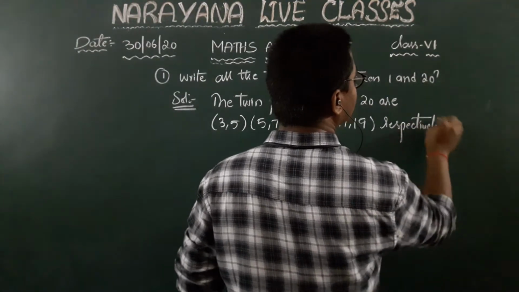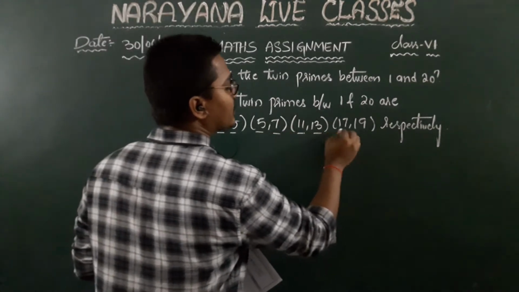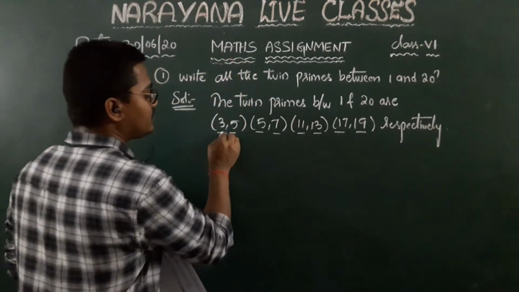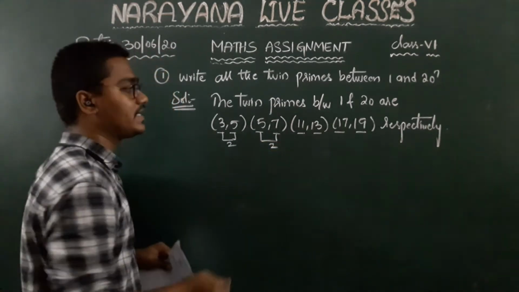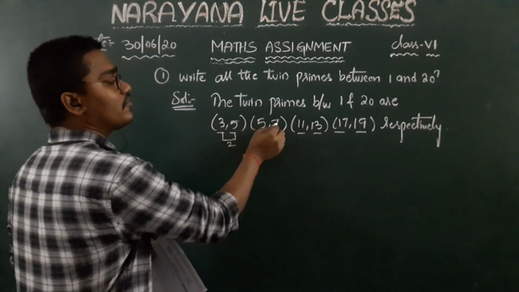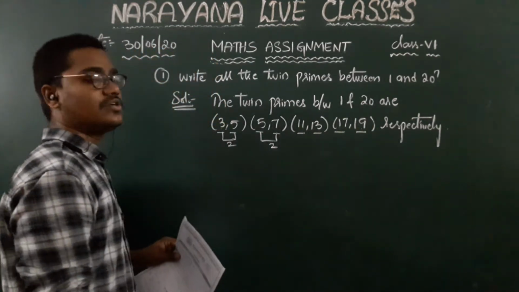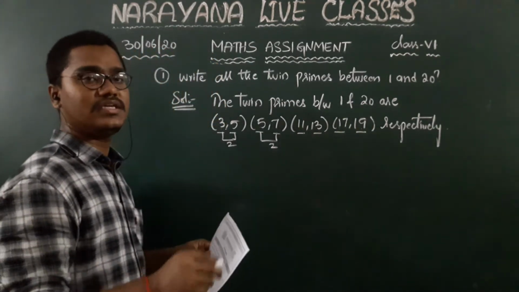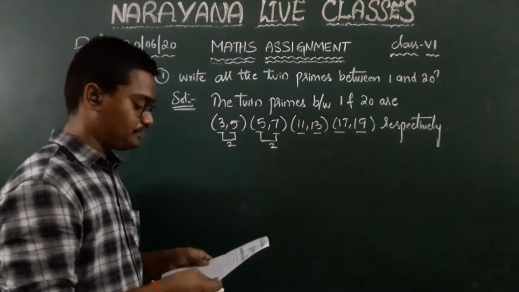When you observe, all the numbers you have taken are prime numbers children, and the difference between each pair is 2. So we can say that 3, 5 or 5, 7, 11, 13, 17, 19, all these numbers are called twin primes. The only thing is the numbers must be prime and they must differ by 2.